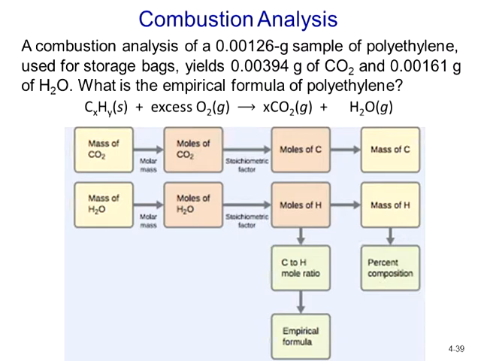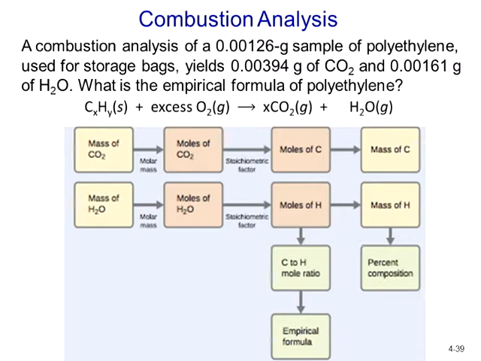So, when we do the combustion analysis, the process map or the flow map for how this occurs is you would obtain the mass of CO2. Mass of CO2 gives you the moles of CO2 based on molar mass. The moles of CO2 is related to carbon based upon the stoichiometry of carbon to carbon dioxide. And then from the moles of carbon, we could convert to mass of carbon.